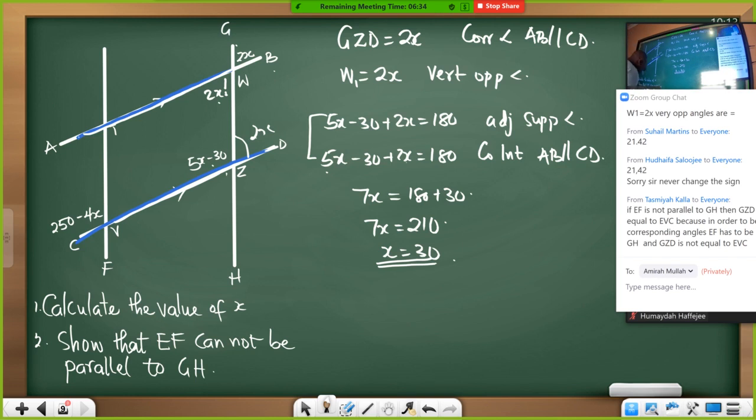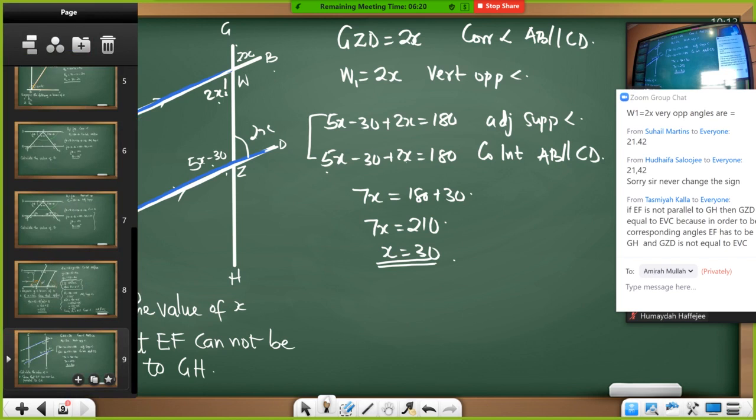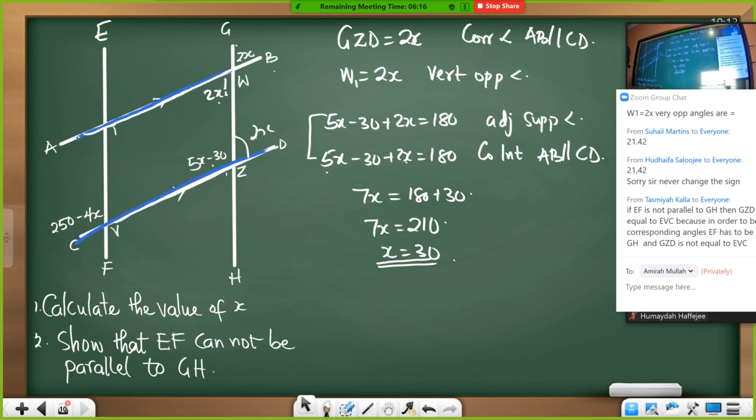But we need to show. Oh, I missed my E here. That's E. Alright, there are so many ways. Thank you, Tasmia. That's well thought of. Now, let me get a new page quickly, and we would be done in just a sec.